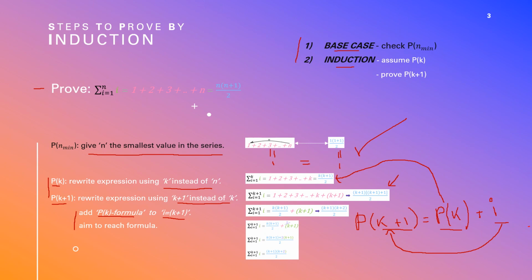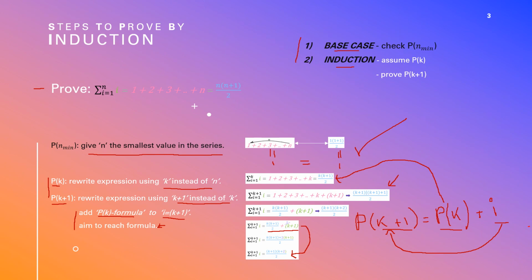Now, to reach the formula, which is the aim, you just expand on P of k plus I, and this would lead you to this.